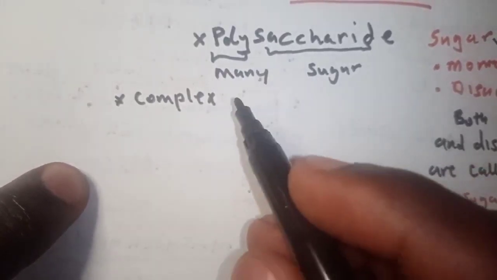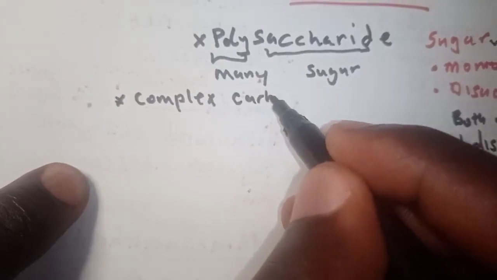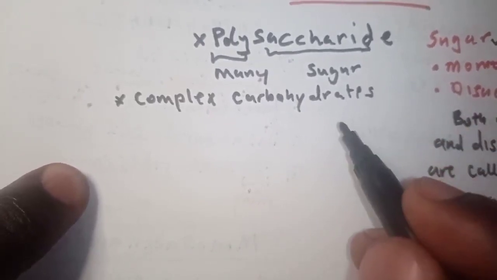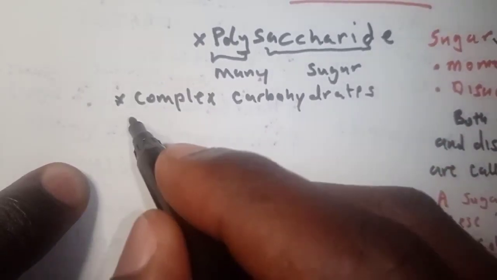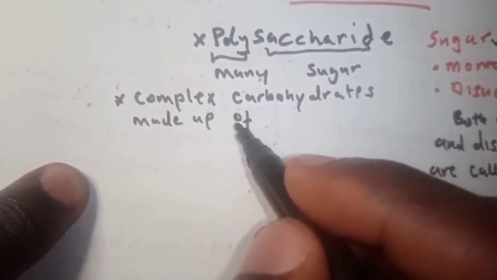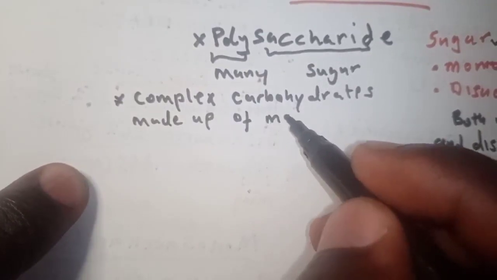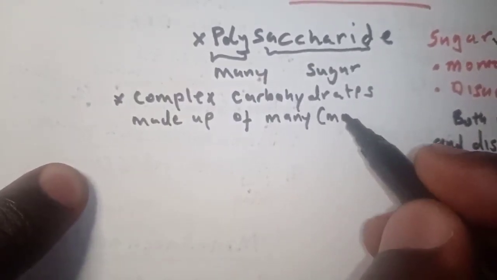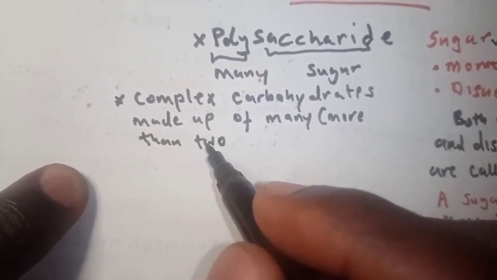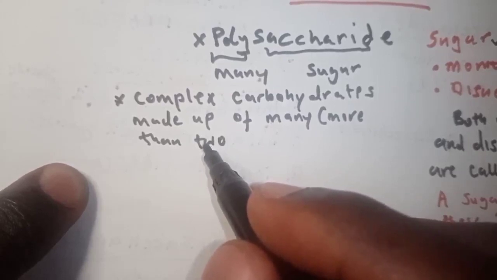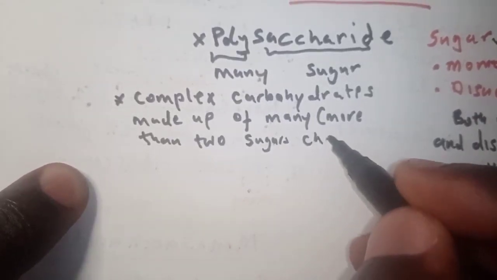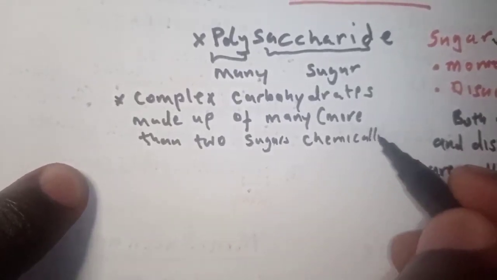Now these are complex carbohydrates, made up of many, or we can say more than two, sugars chemically combined.